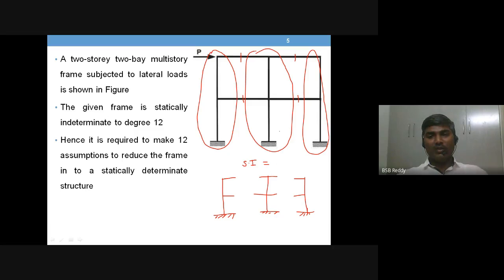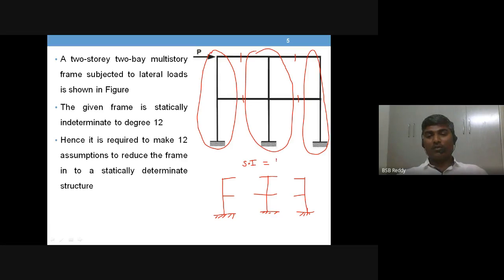So to make an indeterminate structure into a determinate structure, how many minimum number of cuts are required in a building frame? This is the way that you find static indeterminacy. This is extensively discussed in our structural analysis.